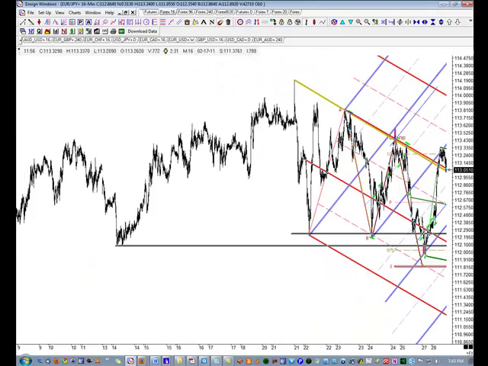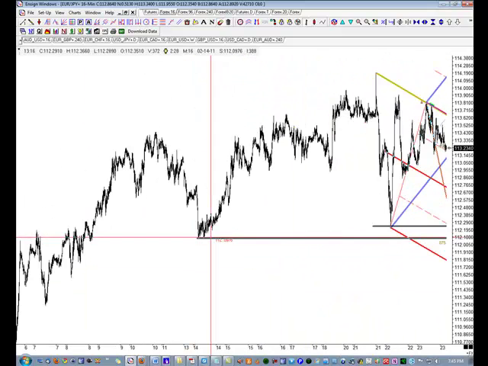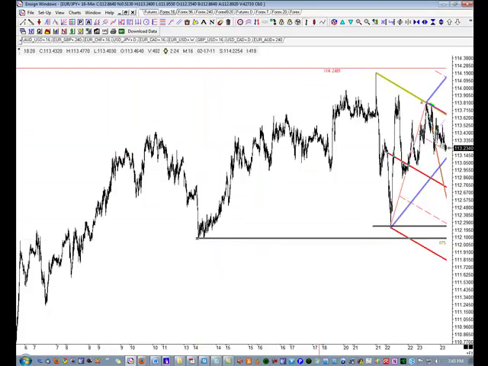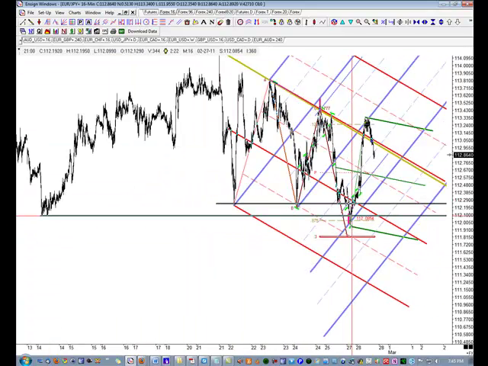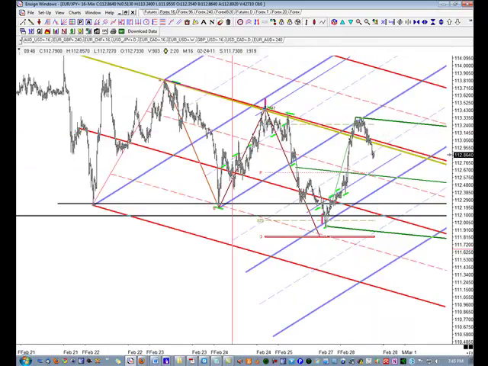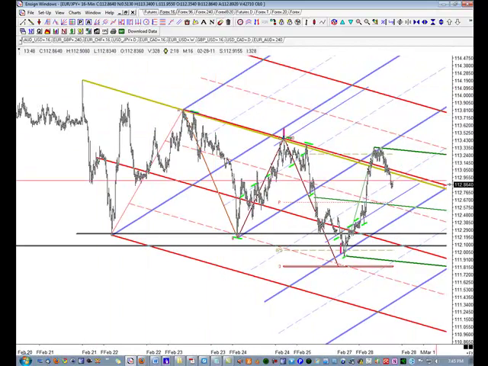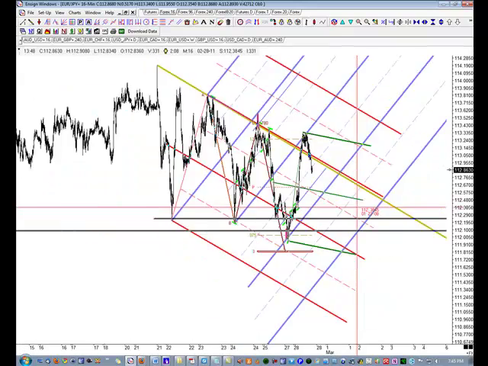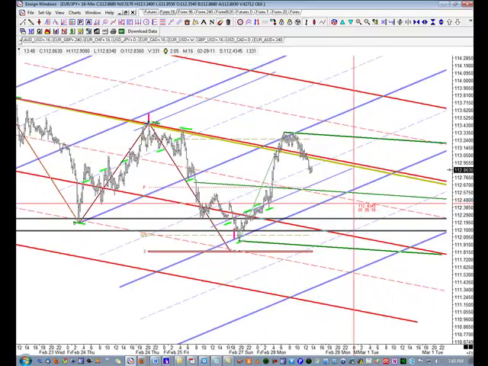This is how I say it. They made this low, up, then back here, and then now up. This is a change of behavior. We broke this line. So now I'm waiting for price to go here. If we exceed this line, then I'll be more cautious about it, and I will be stepping back.